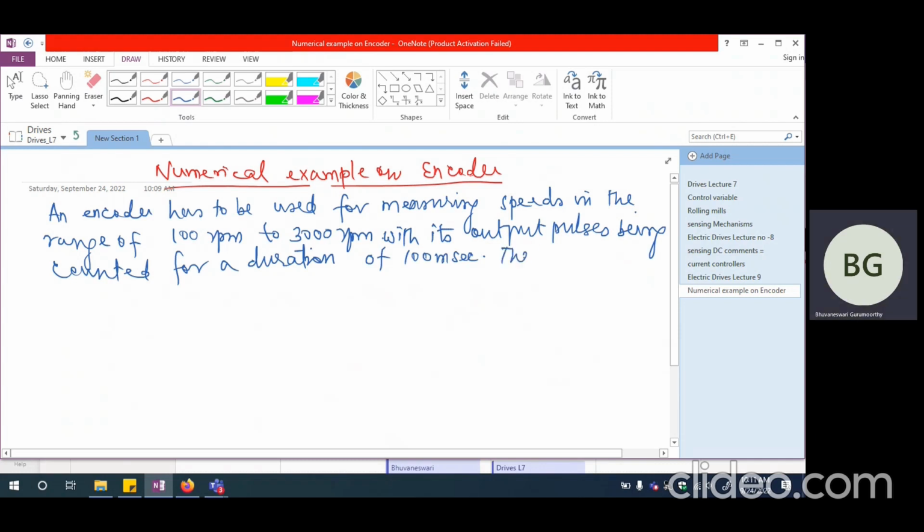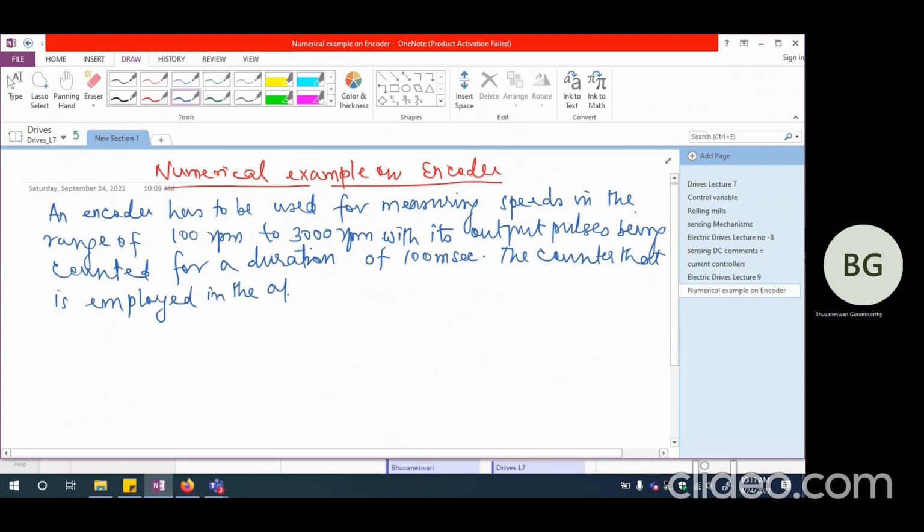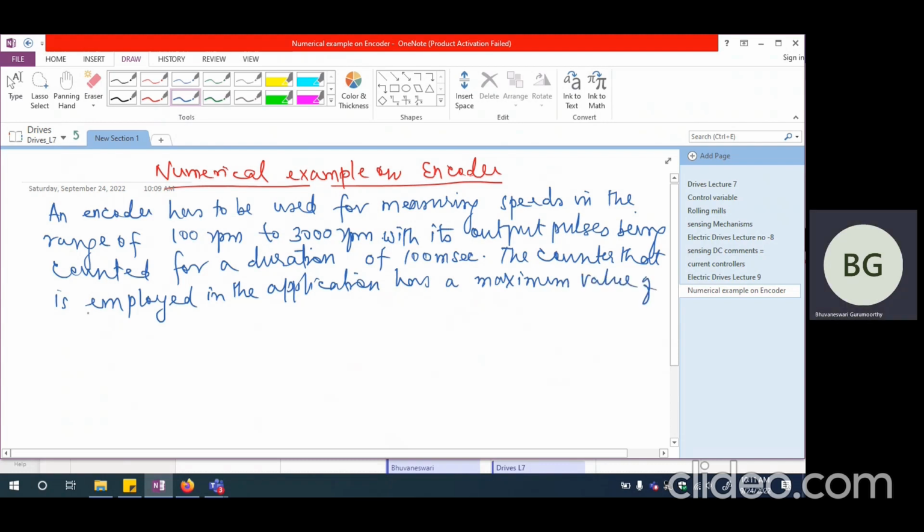The counter that is employed in this application has a maximum value of 4095.